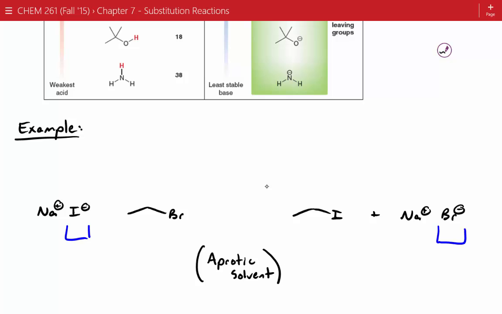Now which one's the better nucleophile, bromide or iodide? Bromide. So our leaving group is the better nucleophile than our original nucleophile. So which way do you think this equilibrium is going to lie, the left or the right? It's going to lie on the left.